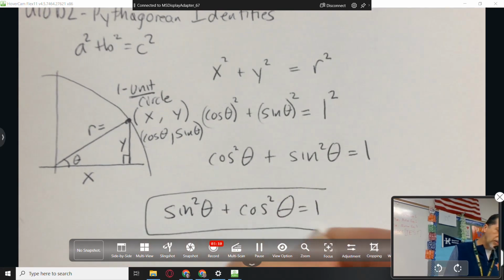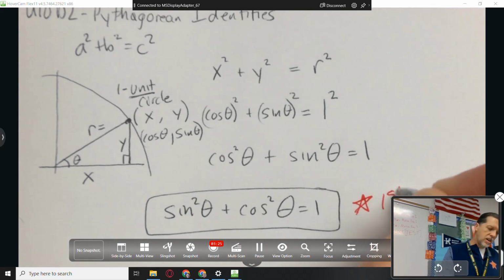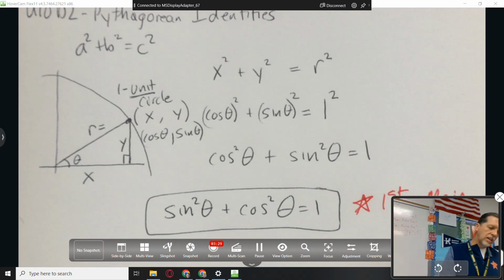I mean, those are identical, but most people remember it with the sine first. That's the first and the main Pythagorean identity.